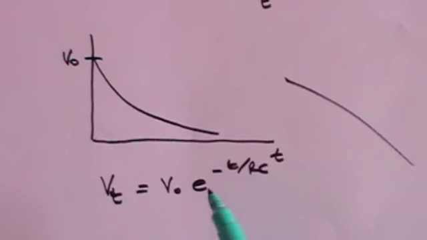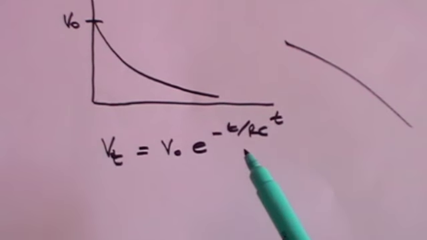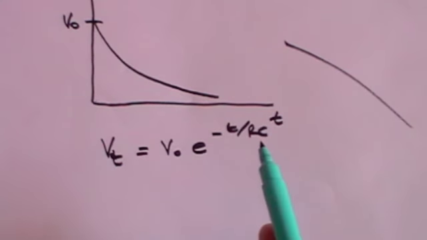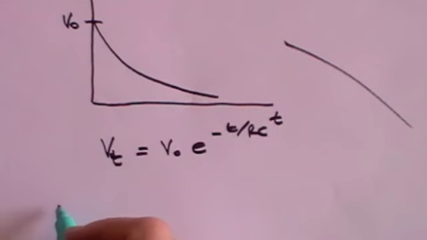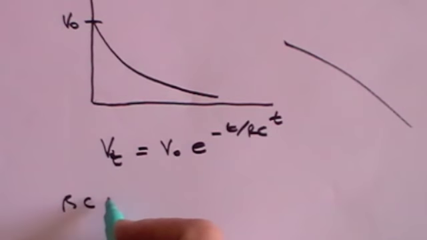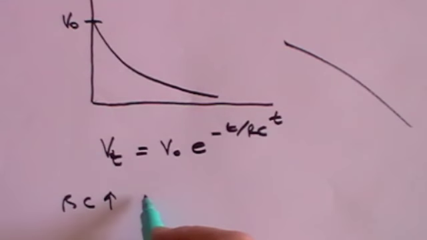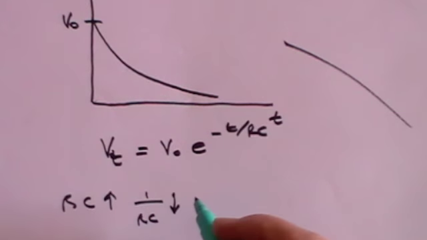So let's have a look and see what this term here does. What we want to do is to keep the voltage as high as possible for as long as possible. Well, if C is large, then RC will be large. My arrow up means that's large, which means that 1 over RC will be small.